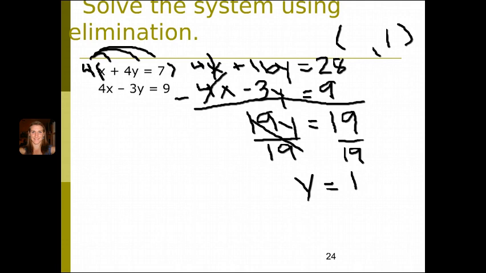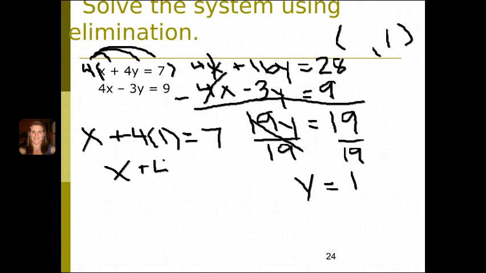We have x plus 4. We're going to plug in a 1 for our y, equals 7. 4 times 1 is 4, so now we have x plus 4 equals 7.